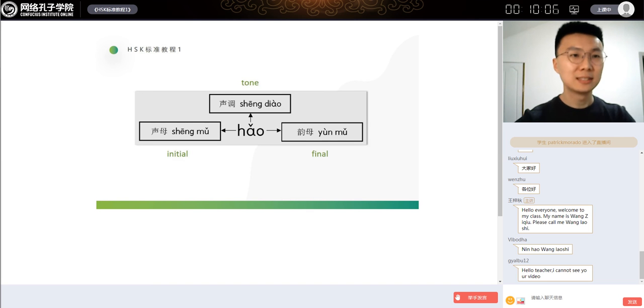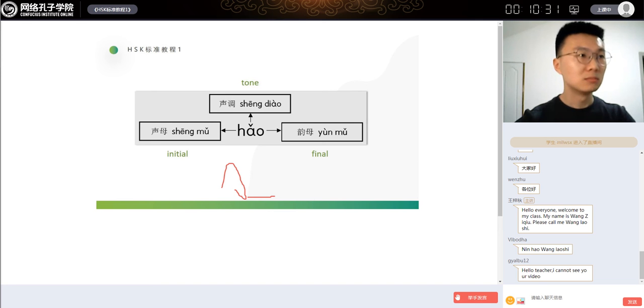Let's look at this. Pinyin consists of three parts. This part is 声母, initial. This part is 韵母, the final.